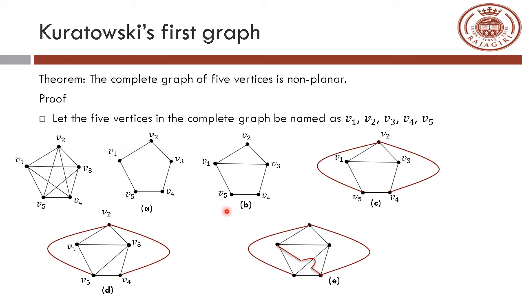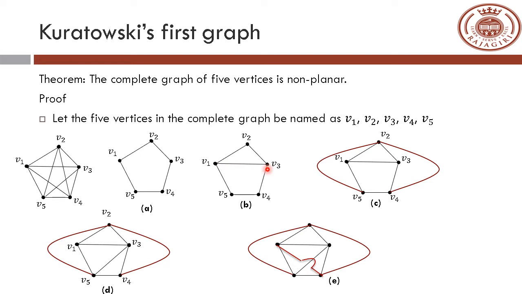In figure B, the vertex V1 is connected to V3 by an edge drawn either inside or outside the pentagon without intersecting the 5 edges drawn. Suppose we choose inside the pentagon, that is the edge joining V1 and V3.